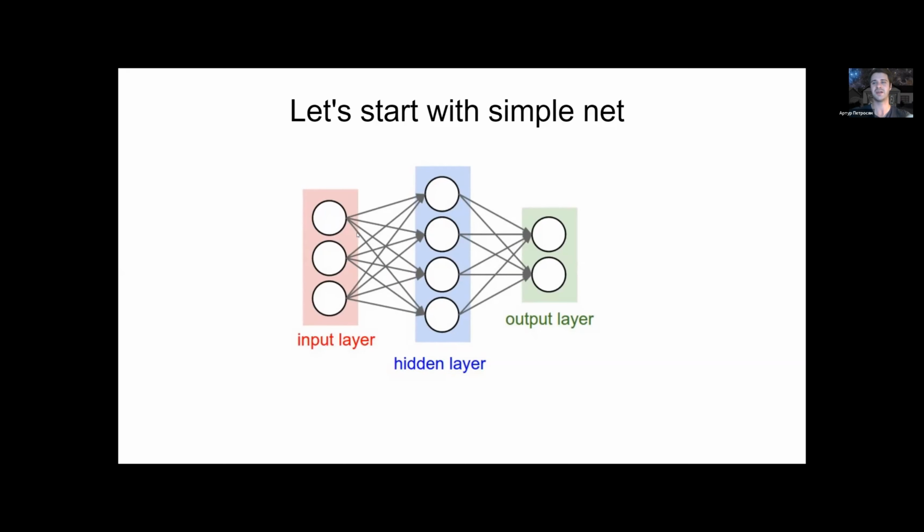The key point here is that, though I didn't say it before, we use non-linearities in the hidden layer. Non-linearities are also called activation functions. For example, you can take the ReLU activation function, which is 0 if x is less than 0, and x if x is more than 0. If you apply such a nonlinear activation, you can solve a non-linear problem. Again, this is a very important idea.